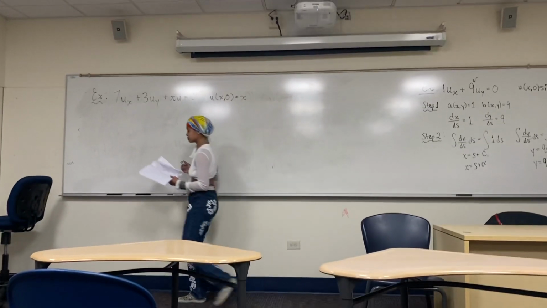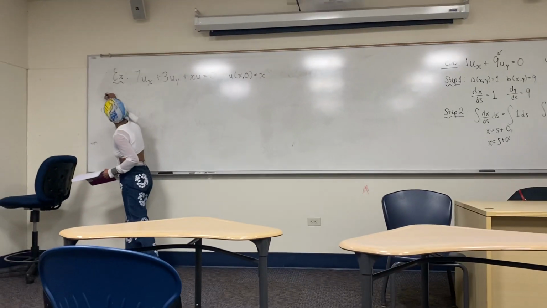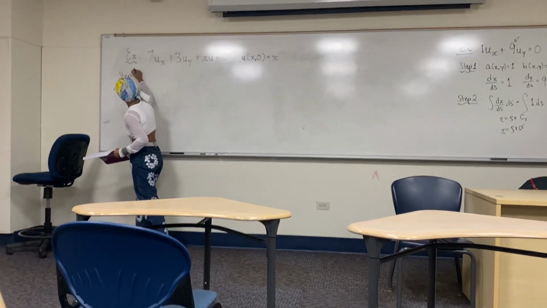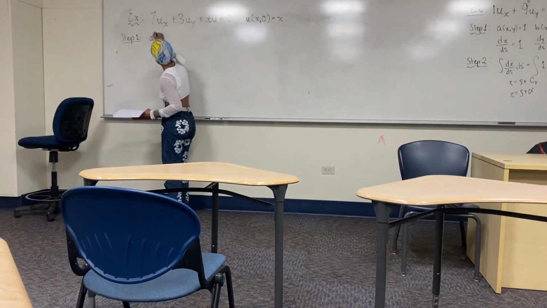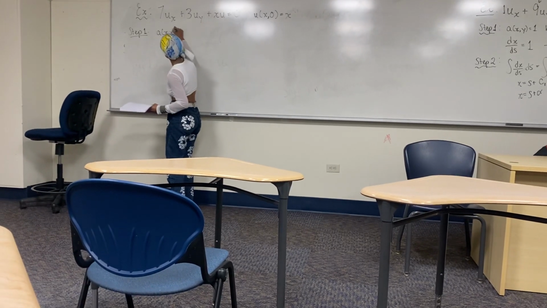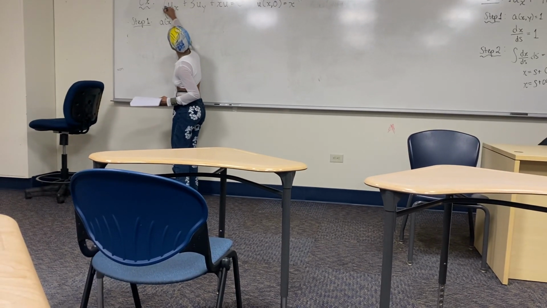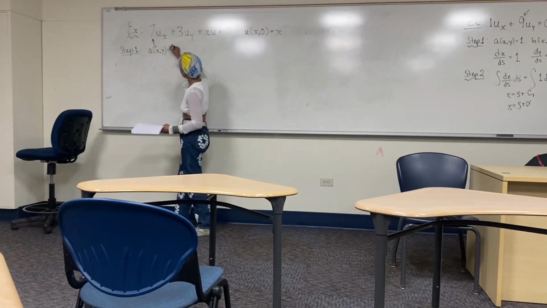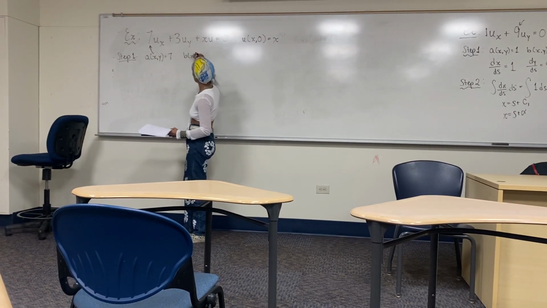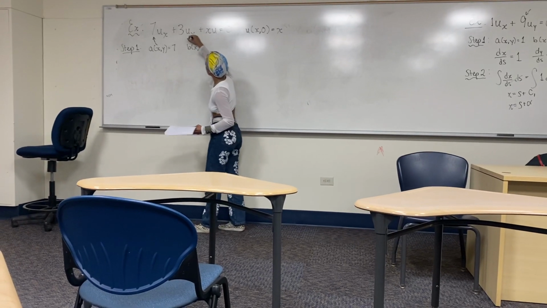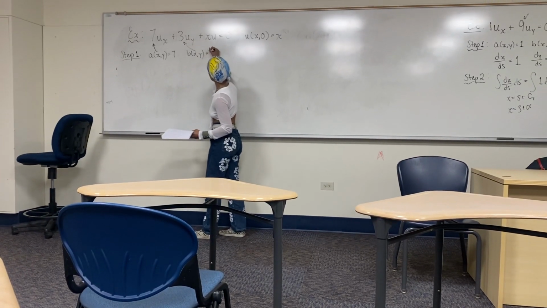We can keep going. So back to step 1. We're going to take our a(x,y), which is just this coefficient right here, equals 7. And then we have our b(x,y), which is just this coefficient right here, equals 3.